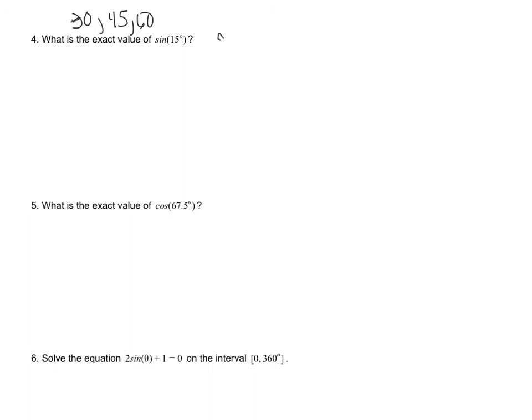There are several that you could do, but I'm going to do a subtraction identity. So we know if we have two angles subtracted, sine of x minus y, I can write that as sine x cosine y minus cosine x sine y. And that again is just one of the identities from your sheet.